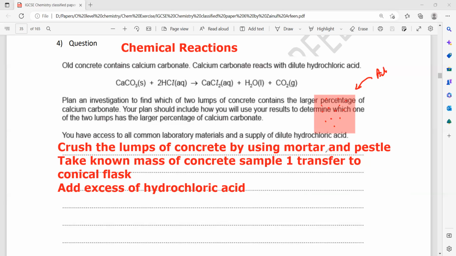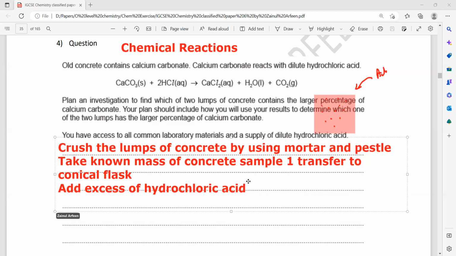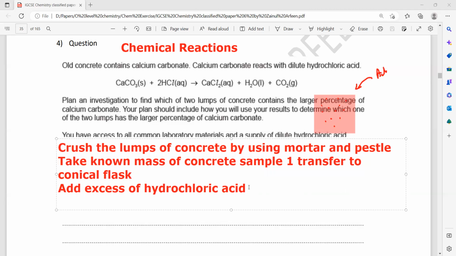Until no more bubbles form? Yes, add excess hydrochloric acid until no more bubbles. We can also add excess hydrochloric acid and then see which sample has the most residue left.